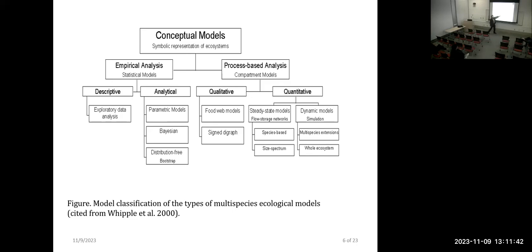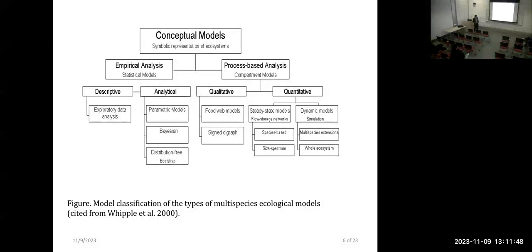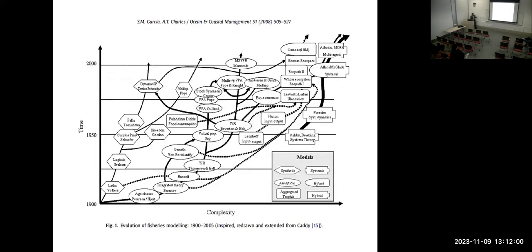For the process-based model, you build the model based on your understanding of the fish population change and ecosystem change. Both of them have pros and cons, and both can serve different purposes in fisheries management.